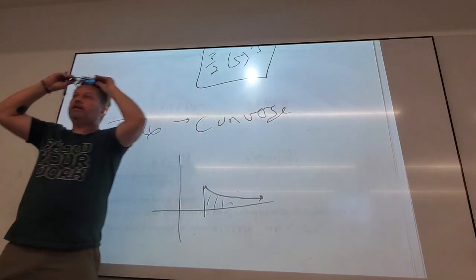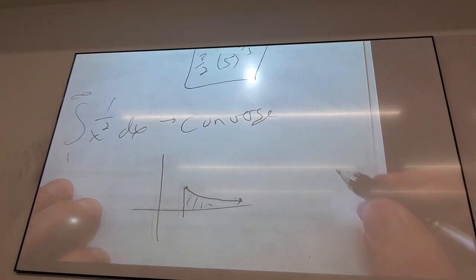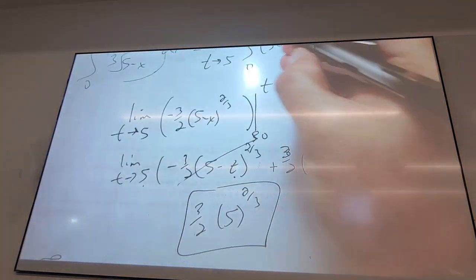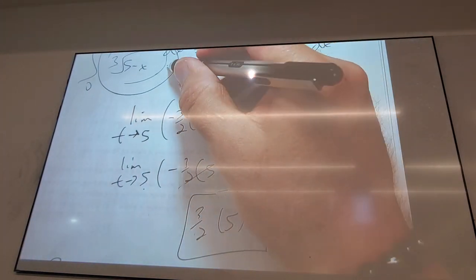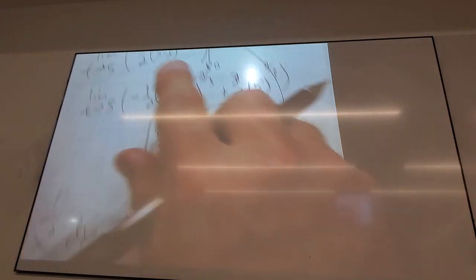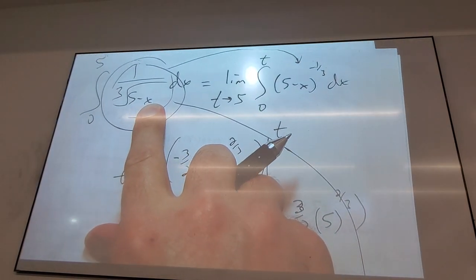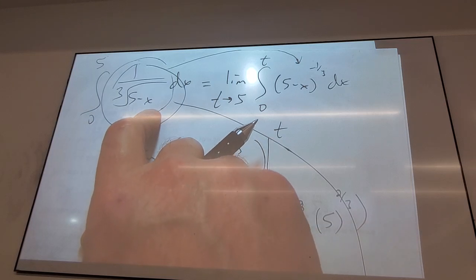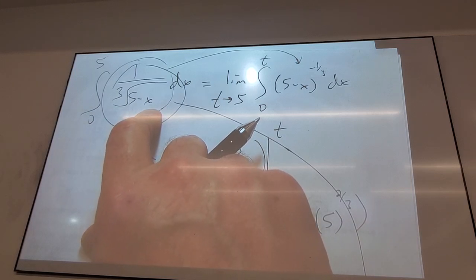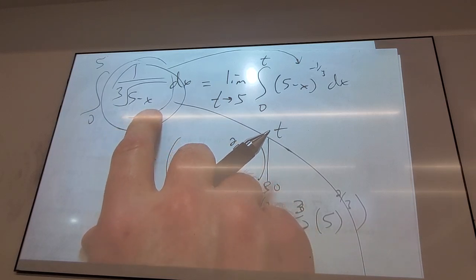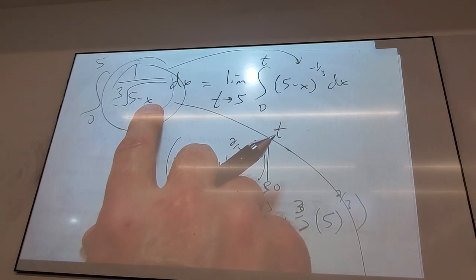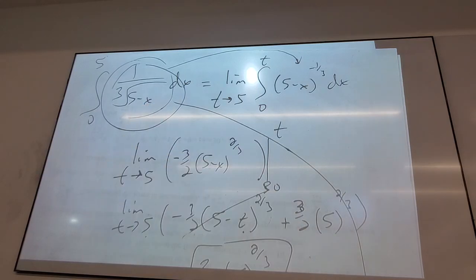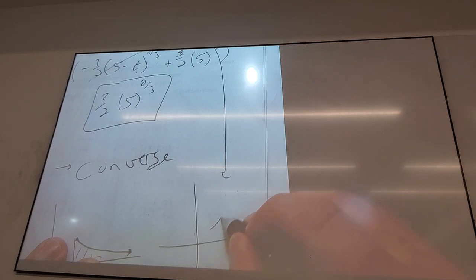Now, the one we just did, where was the asymptote? Up here. What kind of asymptote is it? Horizontal? What is 5 the asymptote of? Yes, it's vertical. So at 5, this thing shoots up.